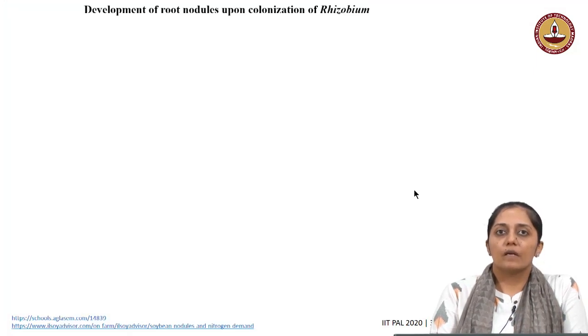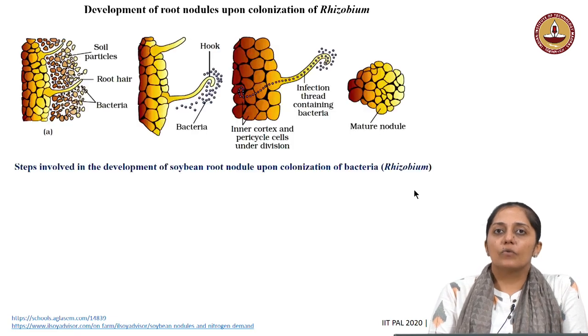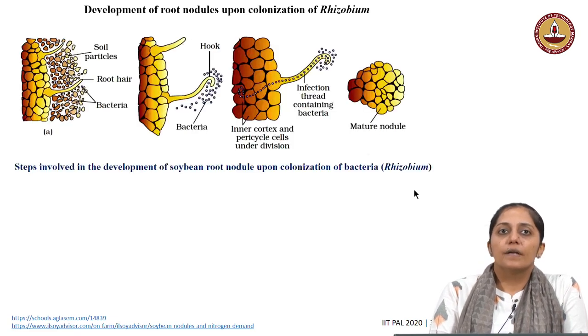Now, how do these root nodules develop? Here is an example shown for the Rhizobium species. How do they act on soybean roots, and they form the nodules. So, these are the different steps of its progression.